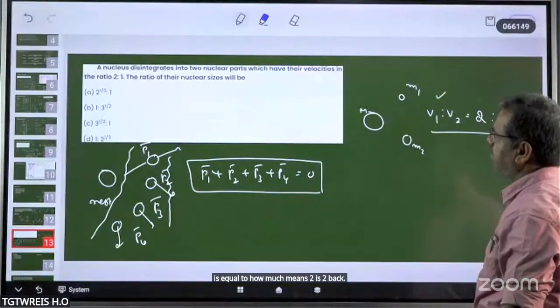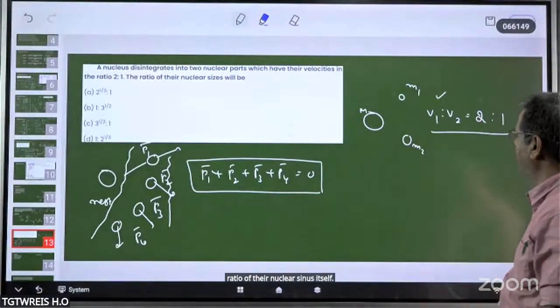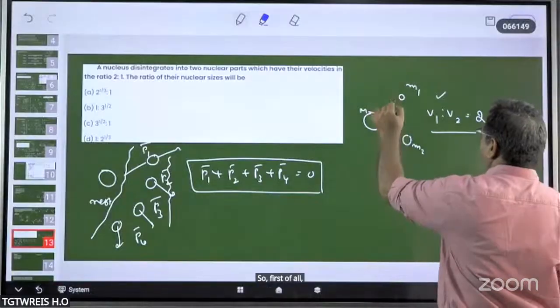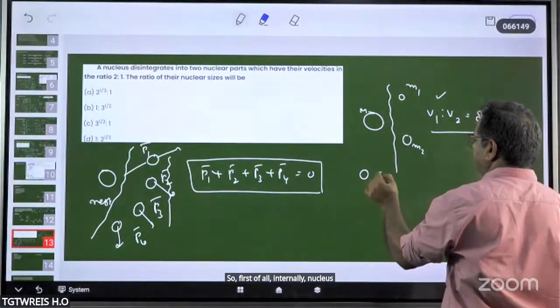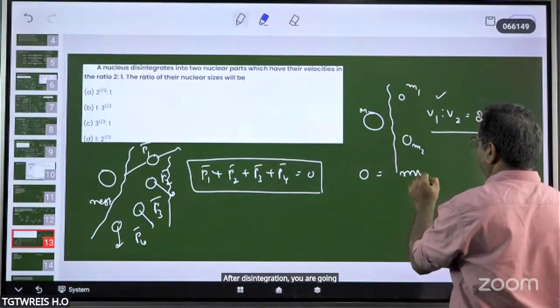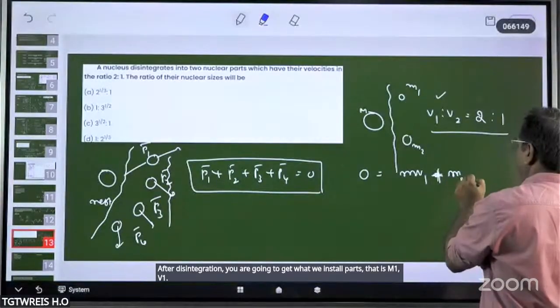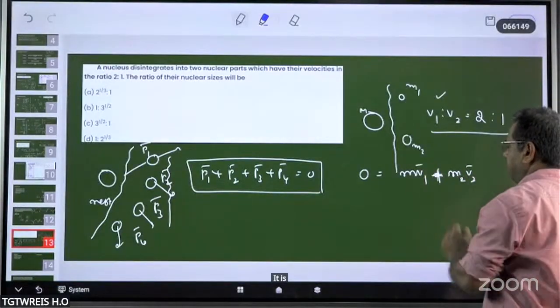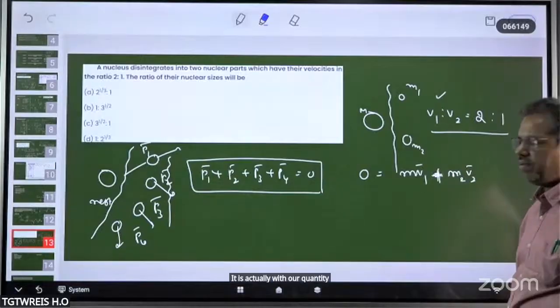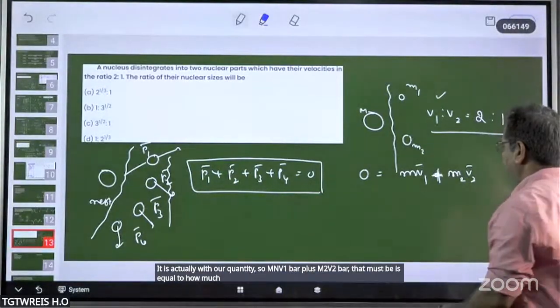Now, asked is the ratio of their nuclear sizes. So first of all, initially the nucleus is at rest, so the momentum is equal to 0. After disintegration you are going to get two parts, that is m1 v1 plus m2 v2. It is actually a vector quantity, so m1 v1 bar plus m2 v2 bar must be equal to 0.